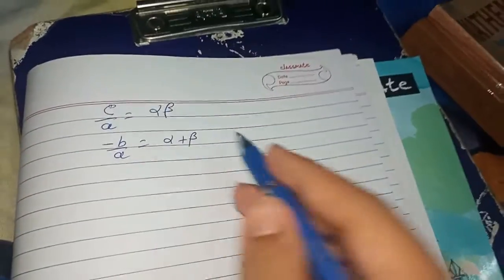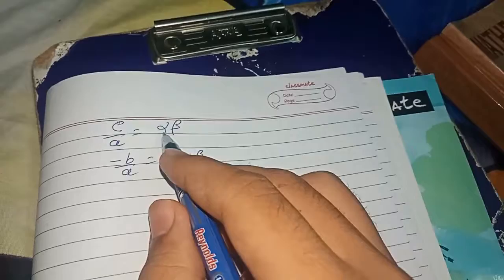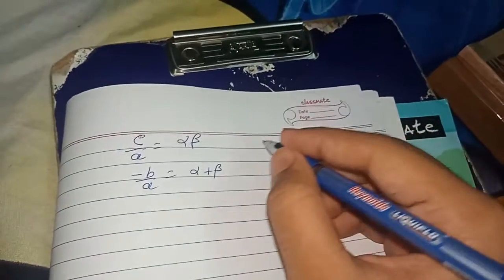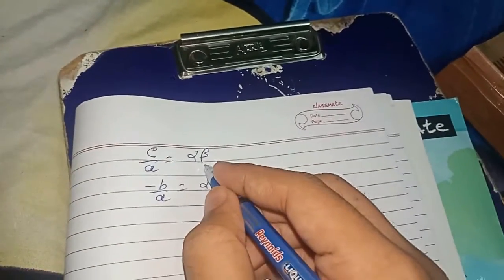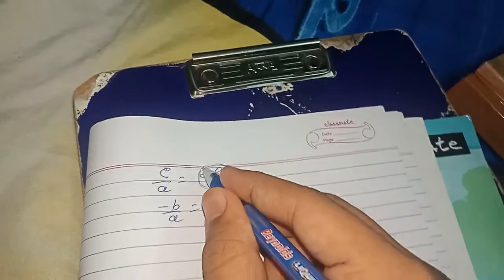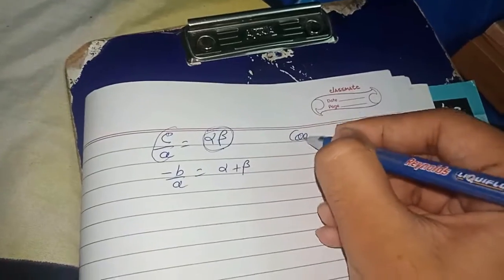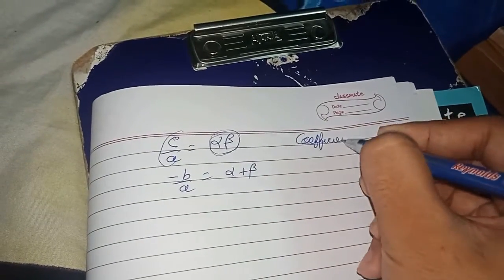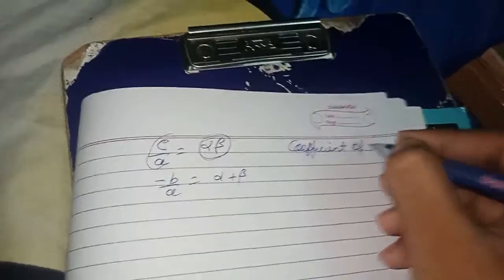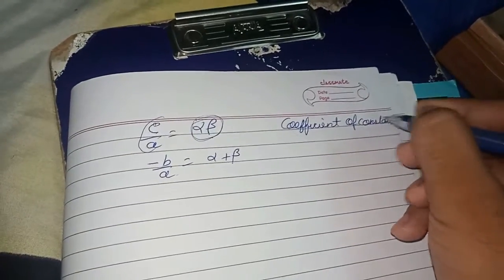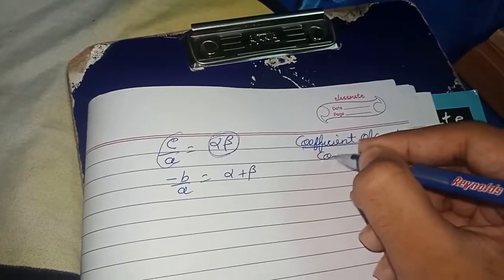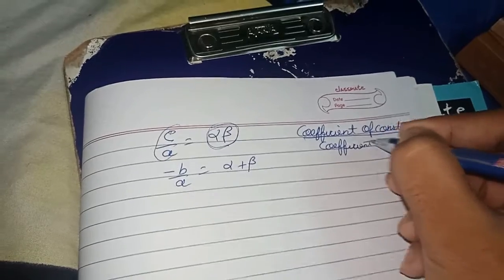Now what are these values? First understand this. Here it is shown that the product of roots, for example alpha and beta are roots, therefore the product of these roots would be equal to the constant term upon the coefficient of x square.